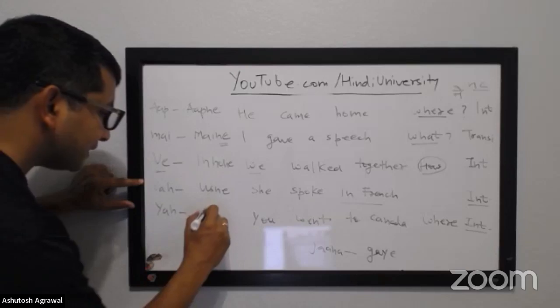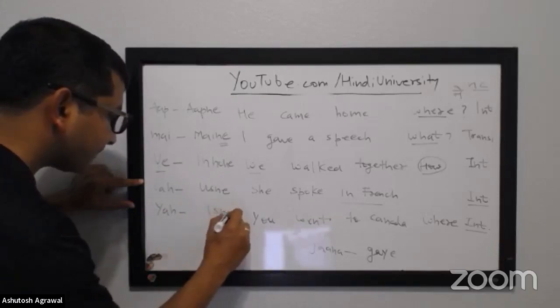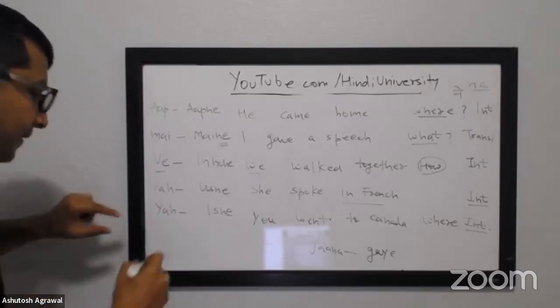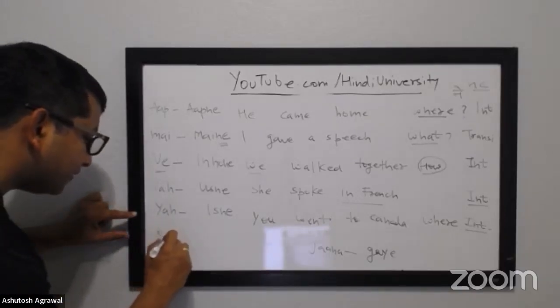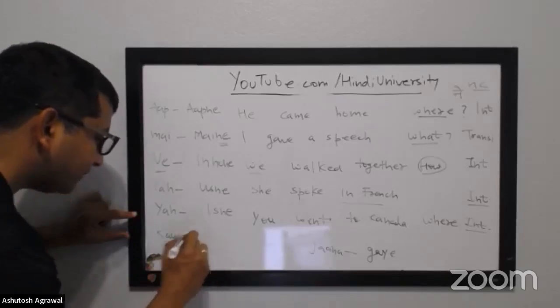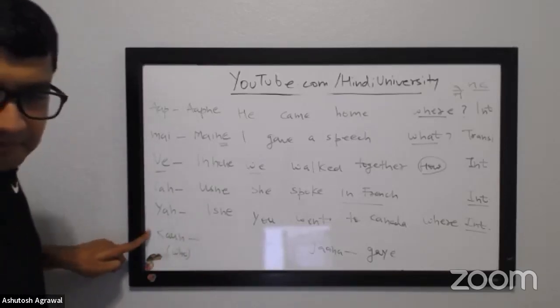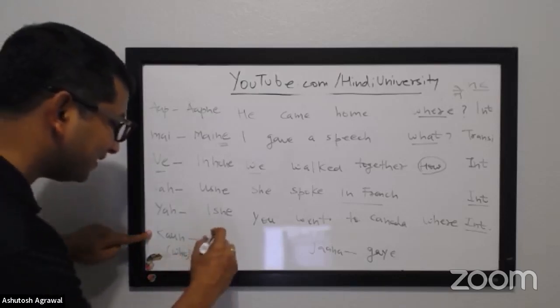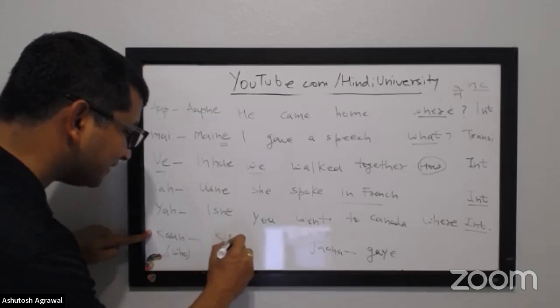Yeh becomes isne. And you have kaun. Kaun is who. Kaun will become kisne. Awesome.